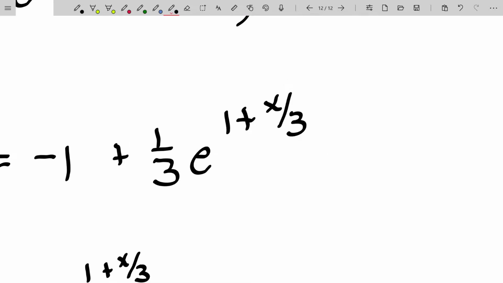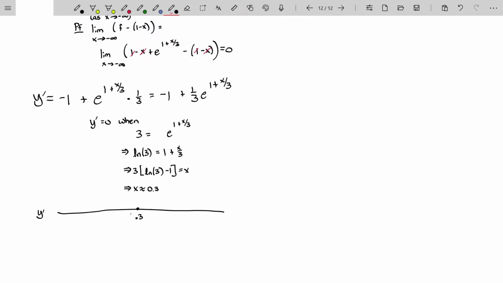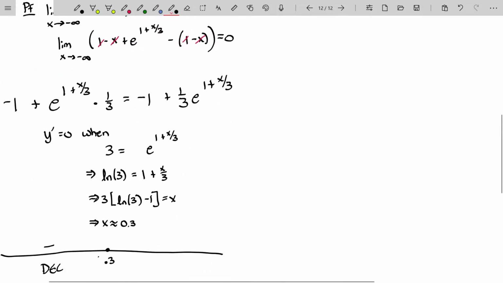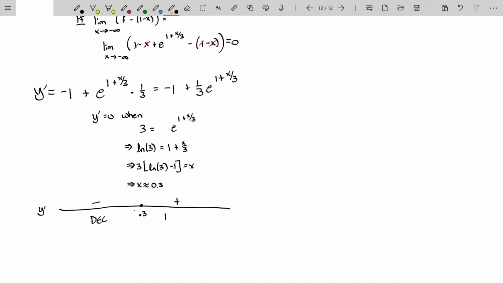Minus 1 is negative. So there you go. I happen to know my derivative is negative here, or you could have plugged in 0, by the way. And so my function is decreasing. Try a number that's super huge, like a billion. Well, you'd have e to a massive number, which is positive. Minus 1 is still positive. You know your function must be increasing.